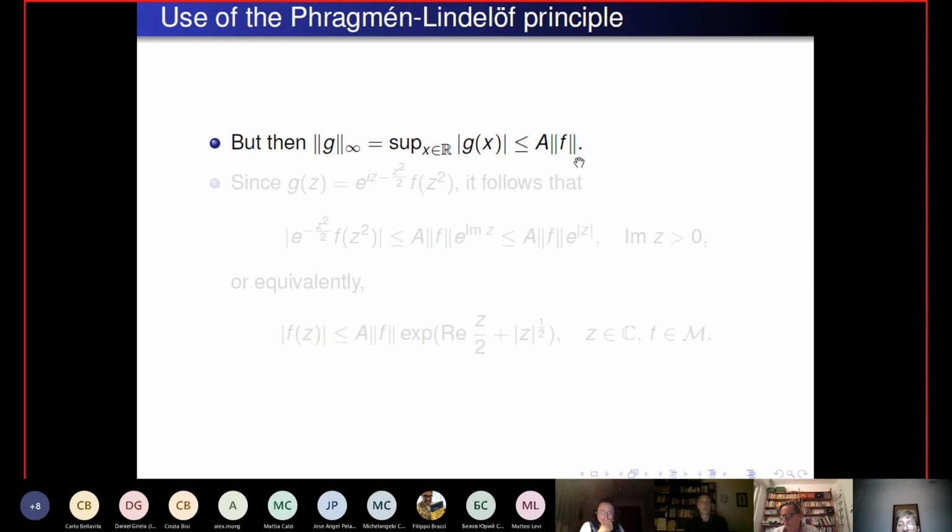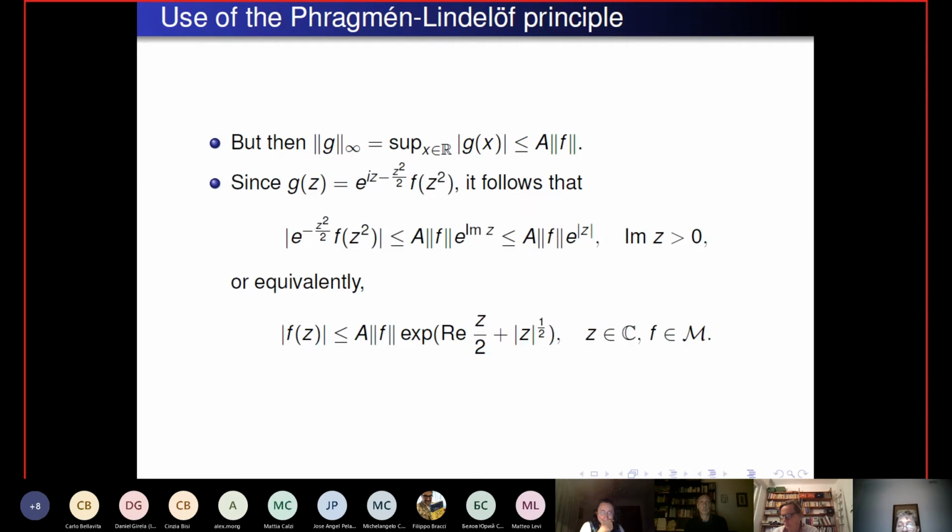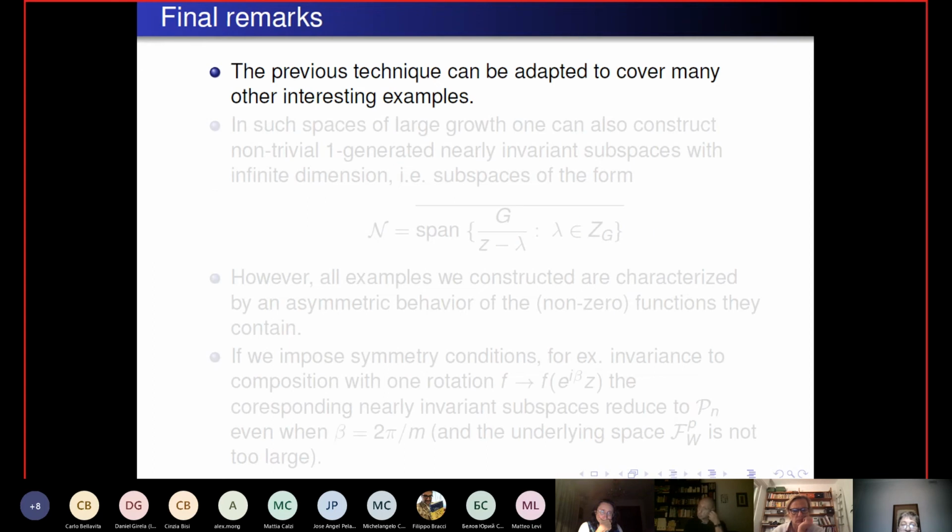Well, that's exactly what we needed, right? So here is the estimate for G rewritten, and here is the estimate for F in M. So I replace the C_F with A times norm F, and then the fact that M is closed is immediate.